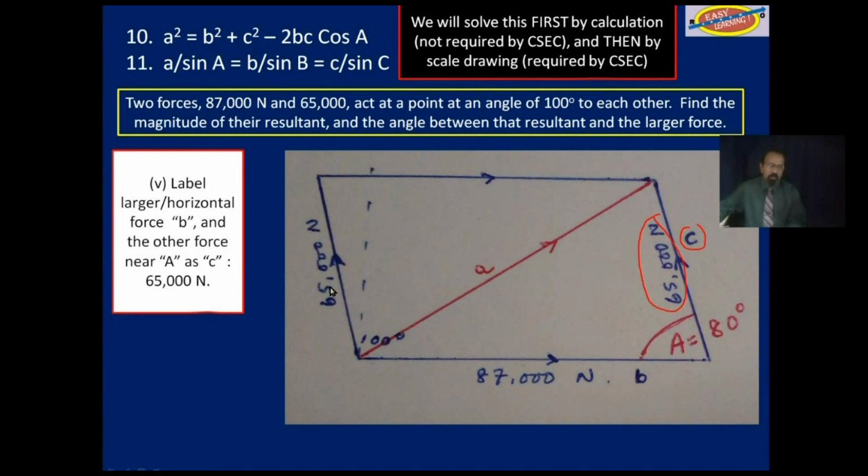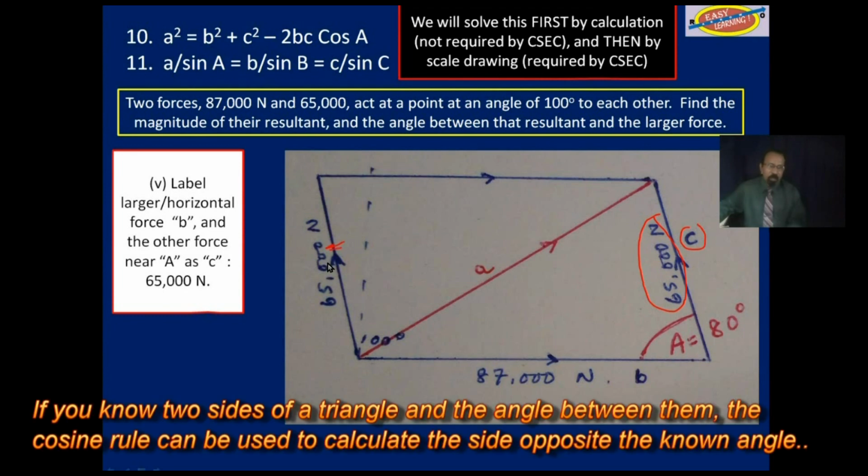After all, it is opposite and equal to this side here. Label this side here B. So now we have side A, angle A, side B, and side C, and that's all we need to calculate A.